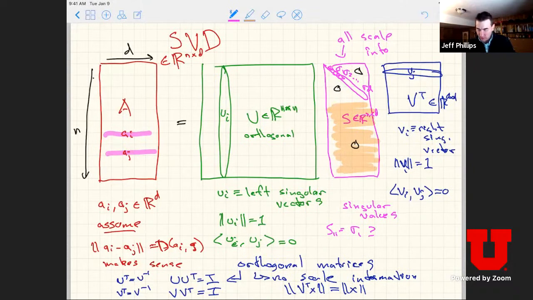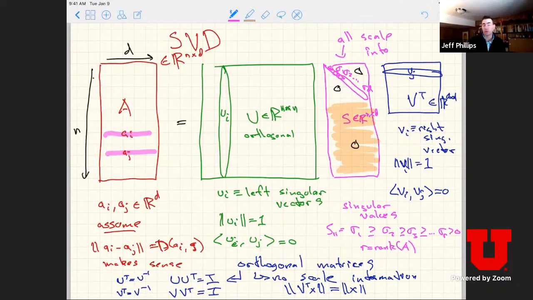It's going to be greater or equal to sigma 2, greater or equal to sigma 3, and this goes up to sigma R, and these are all greater or equal to 0. The rest of them are going to be 0, where R is equal to the rank of A.